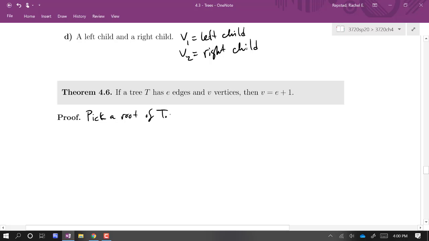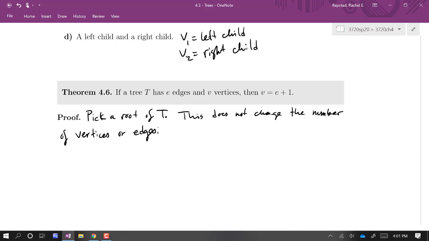We'll note that this does not change the number of vertices or edges. Now we have this rooted tree. Let's consider the derived rooted directed tree. So all directions emanate downward from the root. Call this T prime.